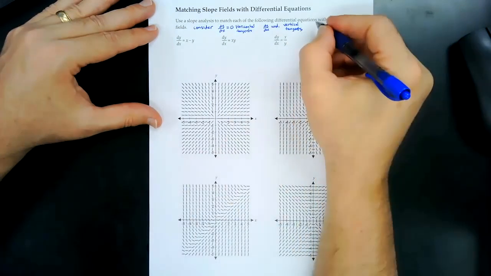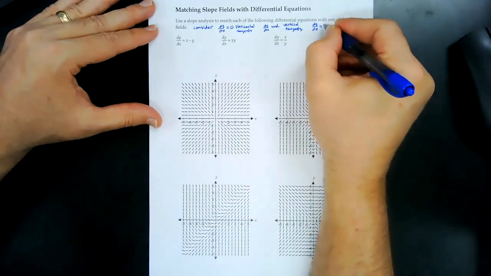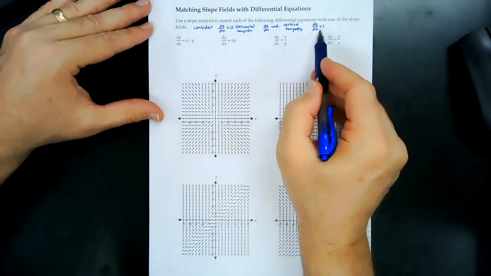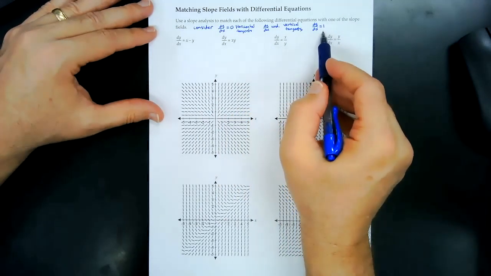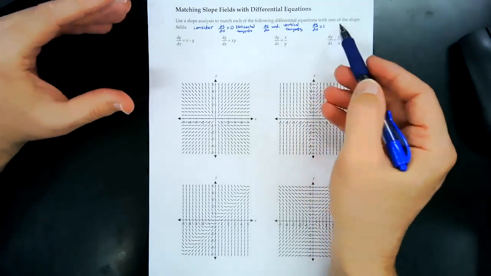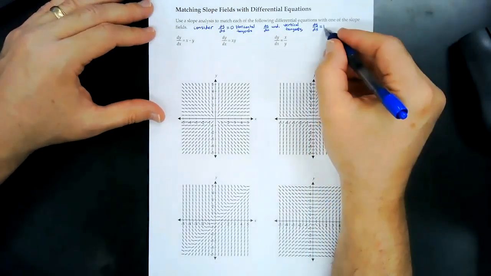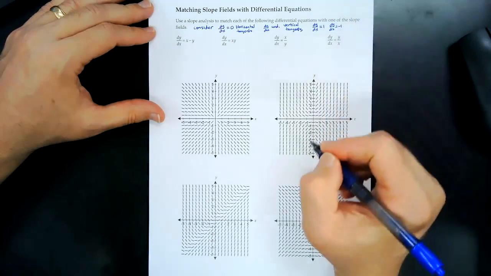Another one to look at is, when does dy over dx equal 1? These are the go-to ones, and this is one you might want to consider. So what causes the numerator and denominator to be the same, or anything like that? Because this would have a nice positive slope. Another one is dy over dx equal to -1.